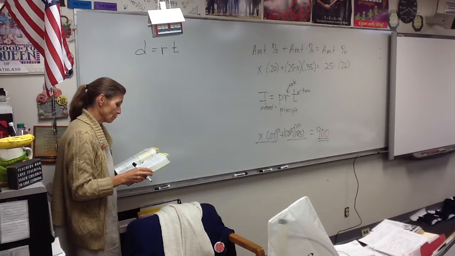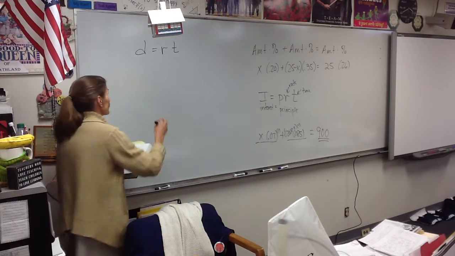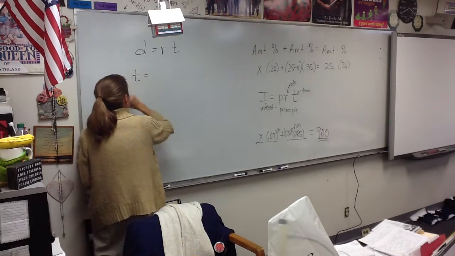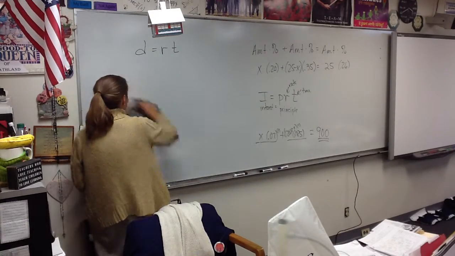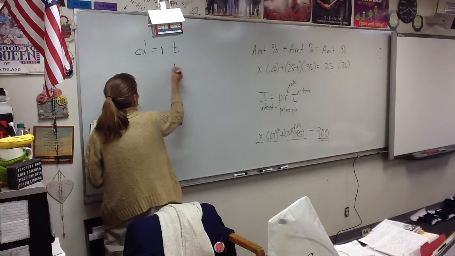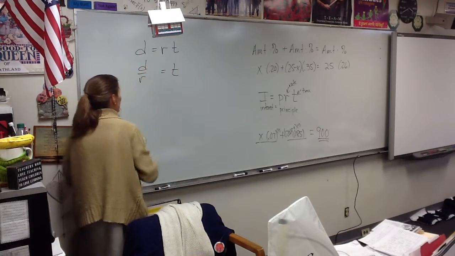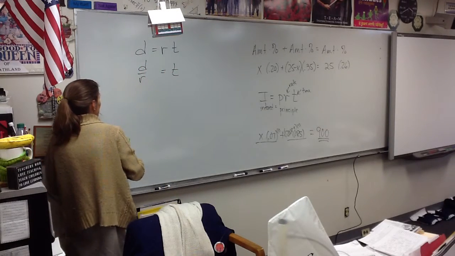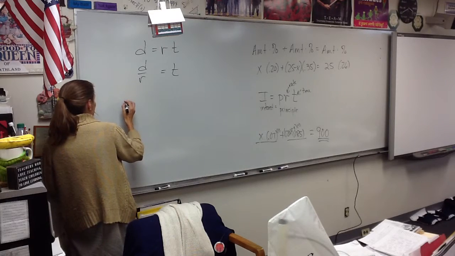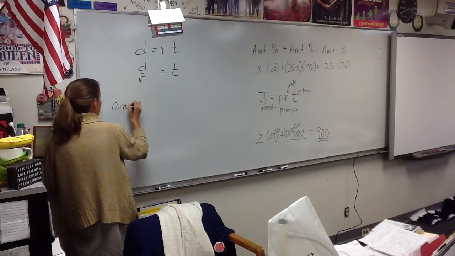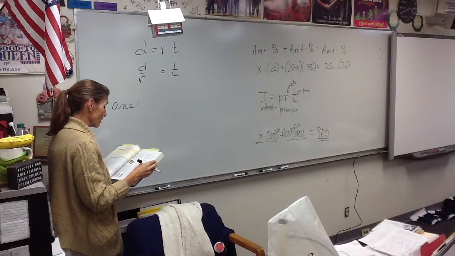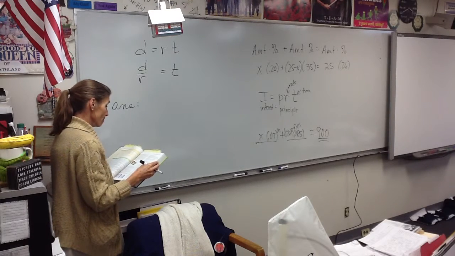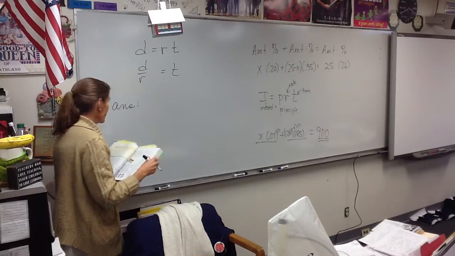We're trying to find time, so we solve for T. That'd be T equals distance over rate. So our answer, what we're looking for, it says what is the total time they spent driving on local highways.